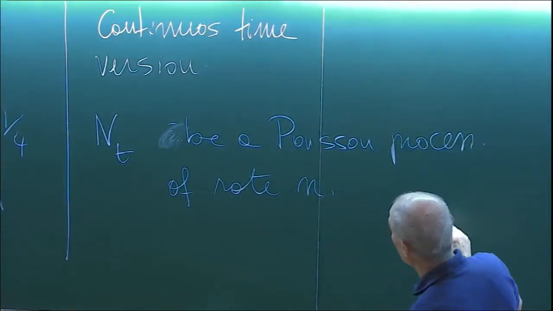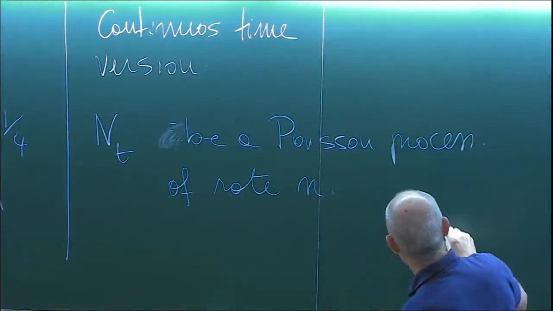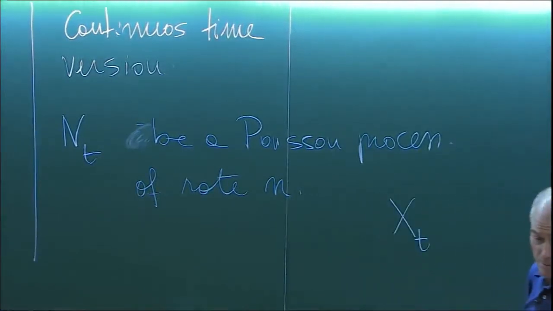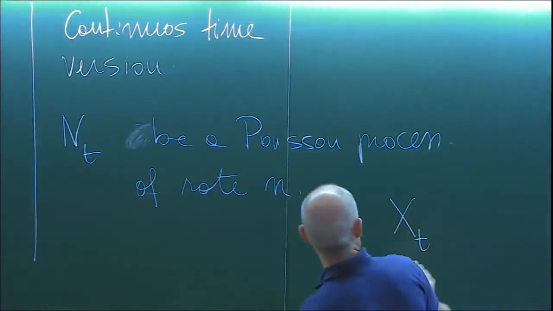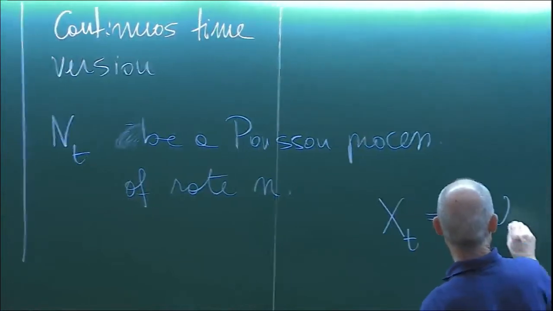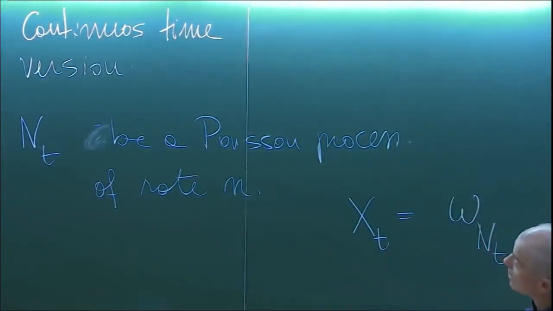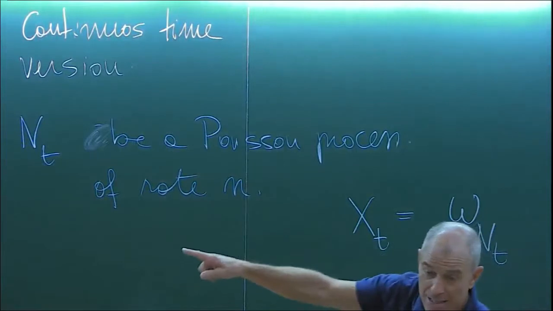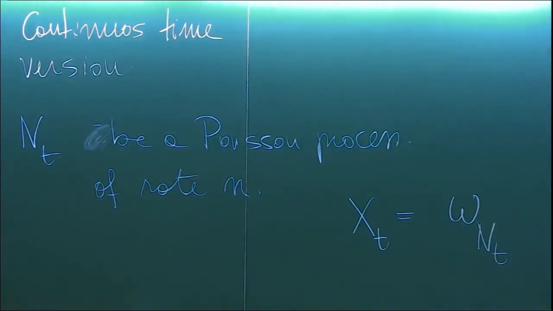And then define X_t, the chain in continuous time, as omega at time N_t. So this is a chain that is accelerated because, on average, you have n updates in a unit time, while in the discrete chain in a unit time there is only one update, so it's accelerated by n.